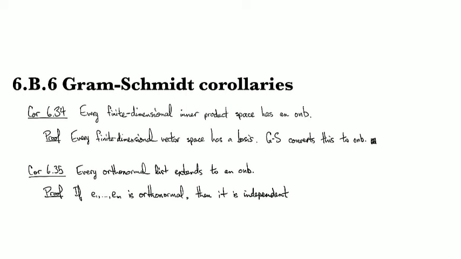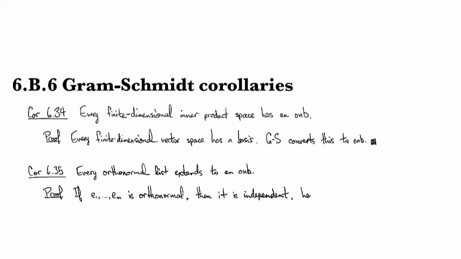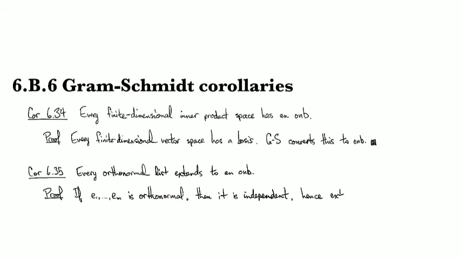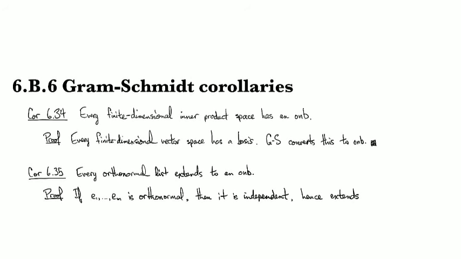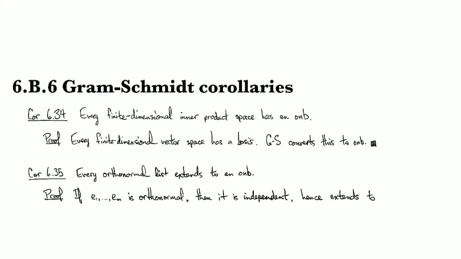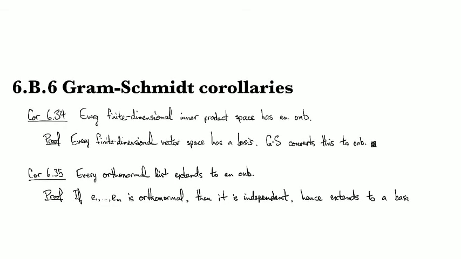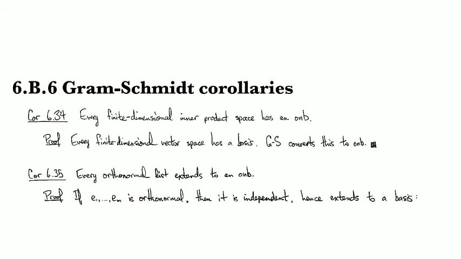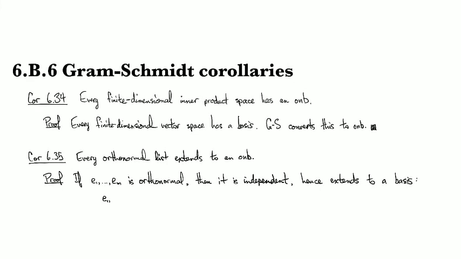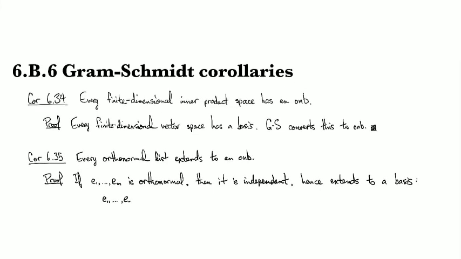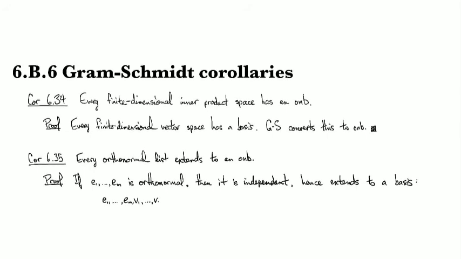So it's independent. And we know that any independent list extends to a basis. So we'll call that basis E1 to EM, V1 to VN.